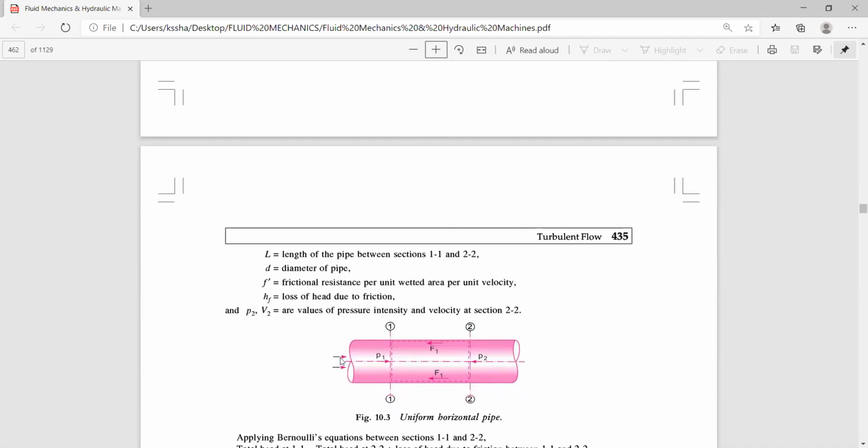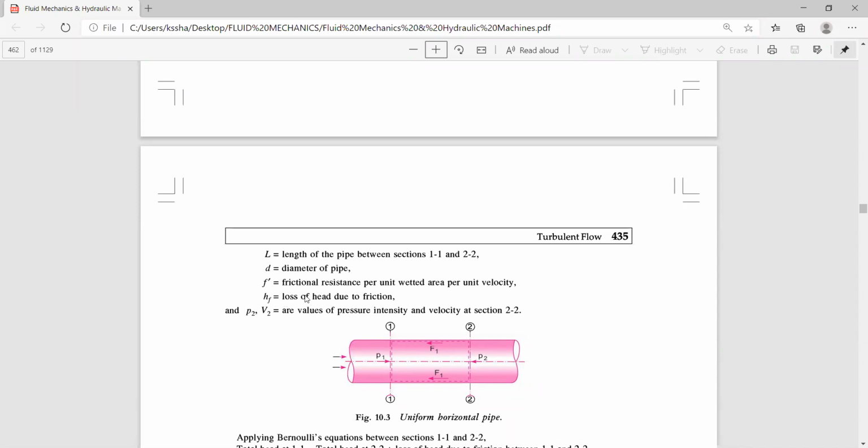What we are assuming is a uniform horizontal pipe, and the flow of water through this pipe is steady. The velocity is not changing. And 1-1 and 2-2 are the two sections, so the length between them is denoted by capital L. Next, D is the diameter of the pipe.